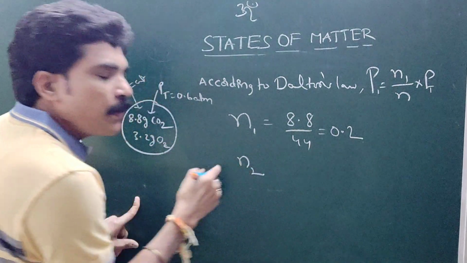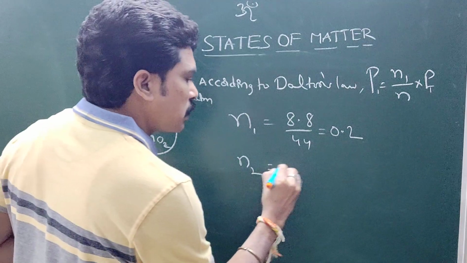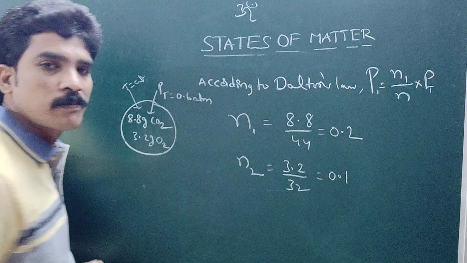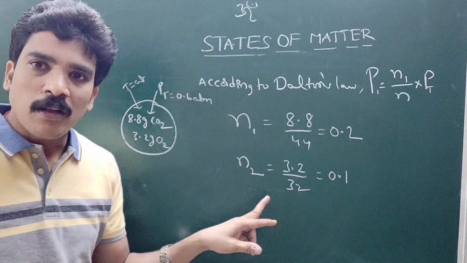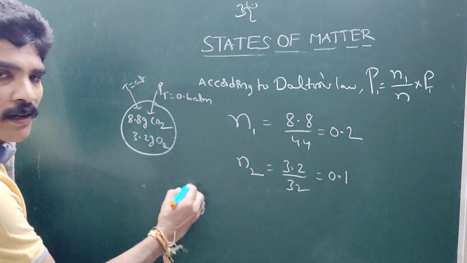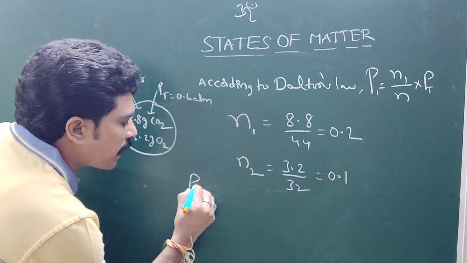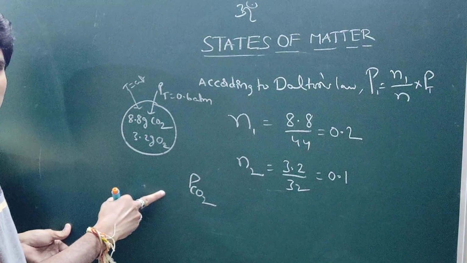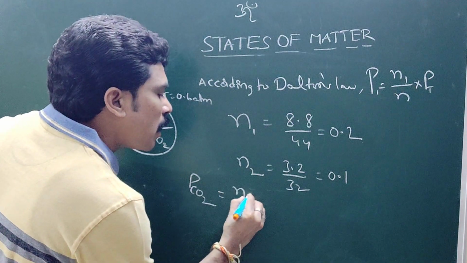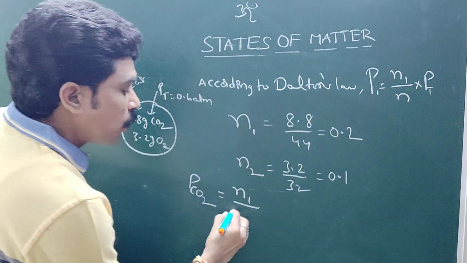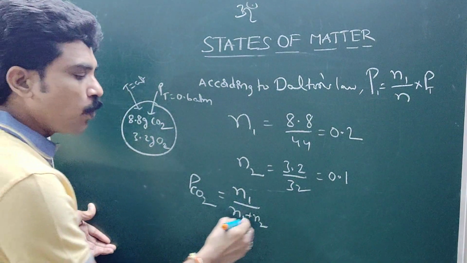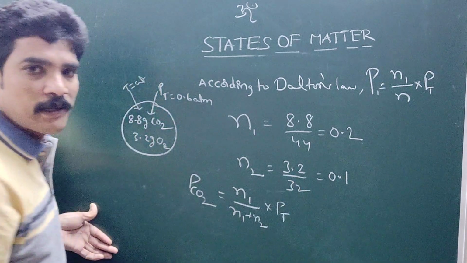Moles of oxygen is 3.2 by 32, that is 0.1 moles. Then the partial pressure of carbon dioxide is equal to moles of carbon dioxide by total moles, N1 by N1 plus N2, into total pressure.